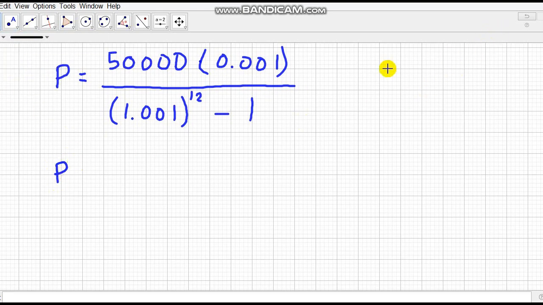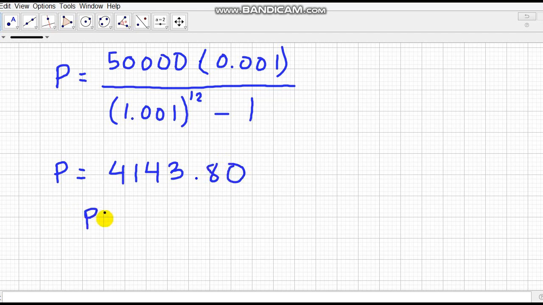So let's use our calculator to compute for the periodic payment. I would recommend doing the denominator first, then we multiply by 50,000. Or we can just multiply 50,000 by 0.001 immediately, then do the denominator, then divide them. Using the calculator to compute for this, we should be able to get the periodic payment equal to 4143.0799628, or simply 4143.80.